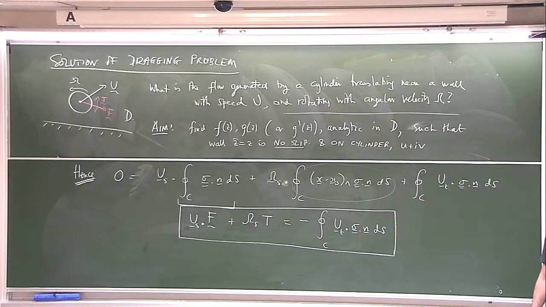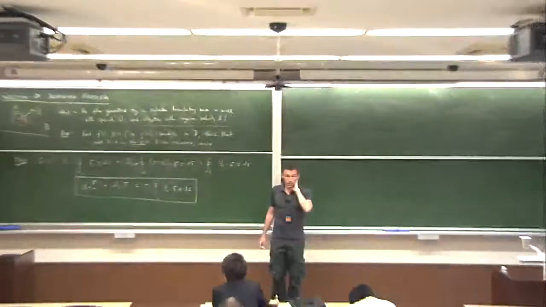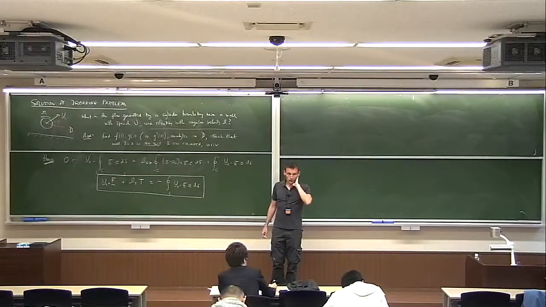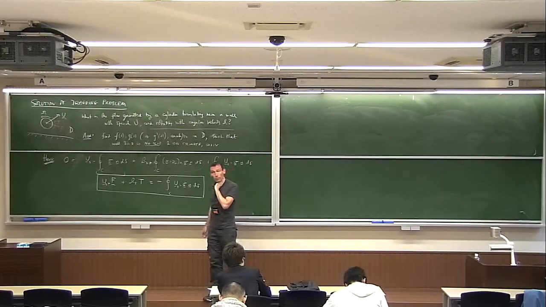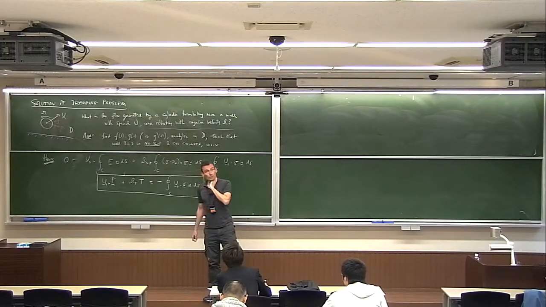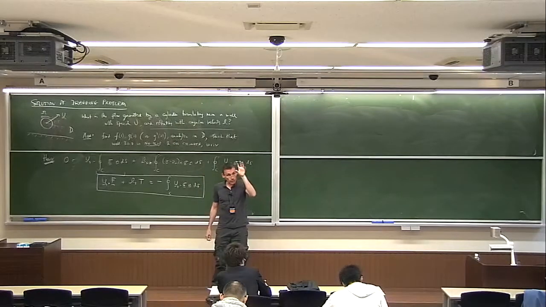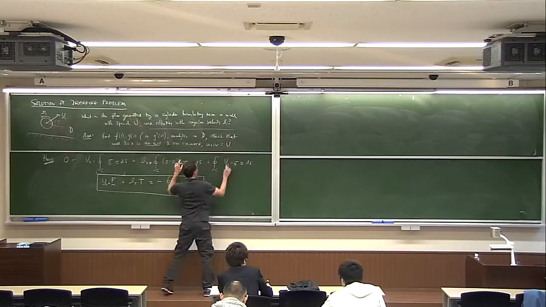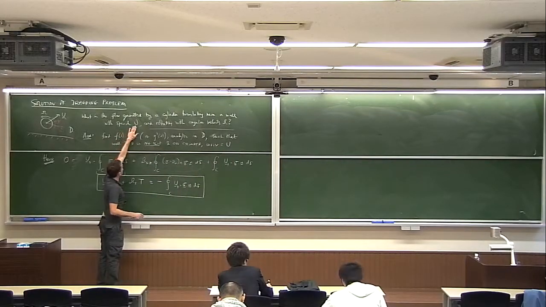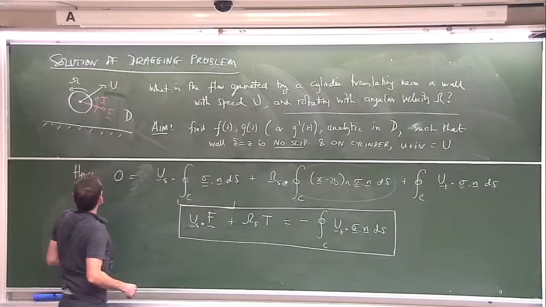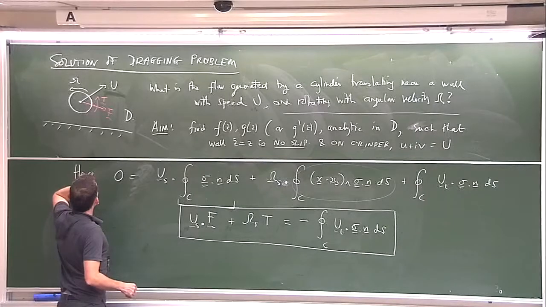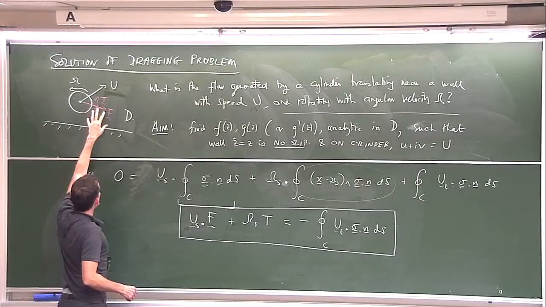Well, remember, any solid surface is a no-slip surface, so the fluid velocity has got to equal the velocity of the boundary at every point. And the velocity of the boundary is u. That's complex, by the way, this is complex speed. I've put forces, but we're not dealing with forces at all. We're going to solve the boundary value problem given the velocities.